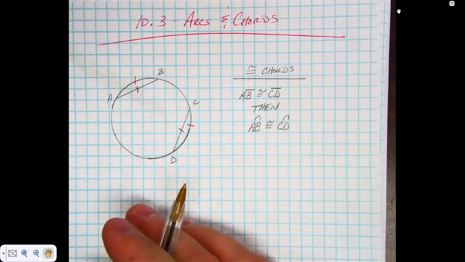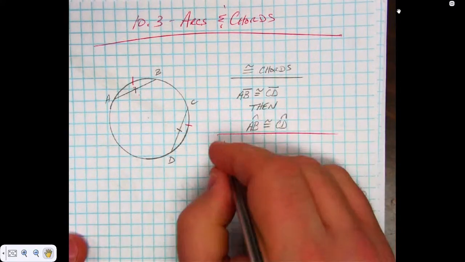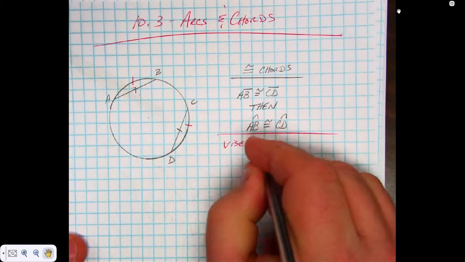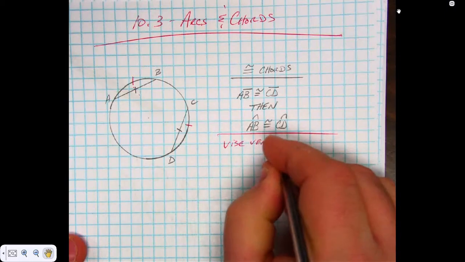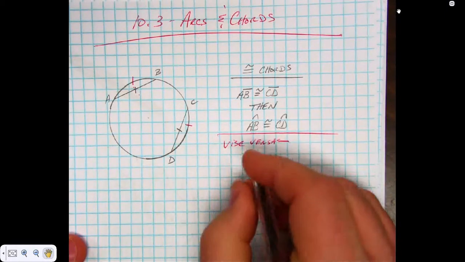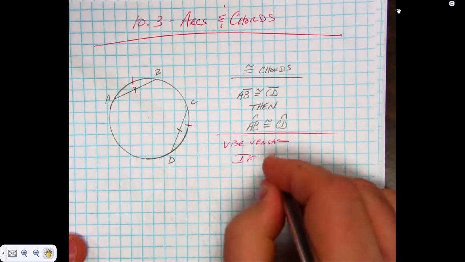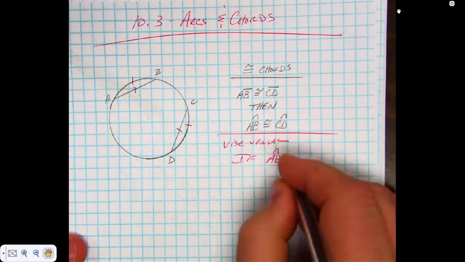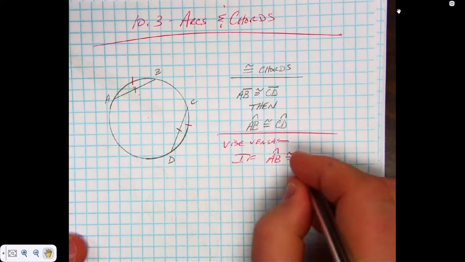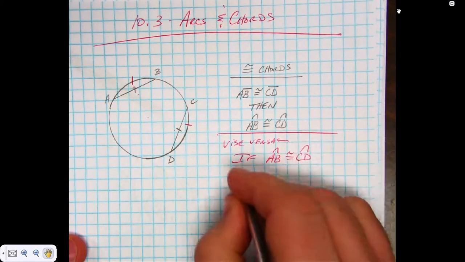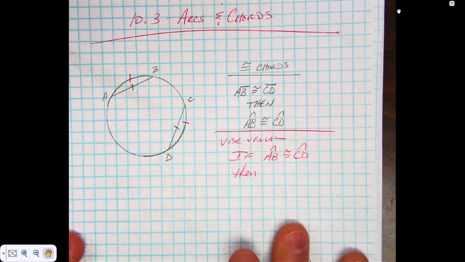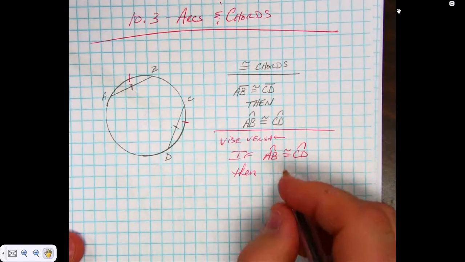Now, when I say vice versa, what do I mean? If chord AB, or I'm sorry, if arc AB is congruent to arc CD, then what do you think you can say about the chords that contain them?